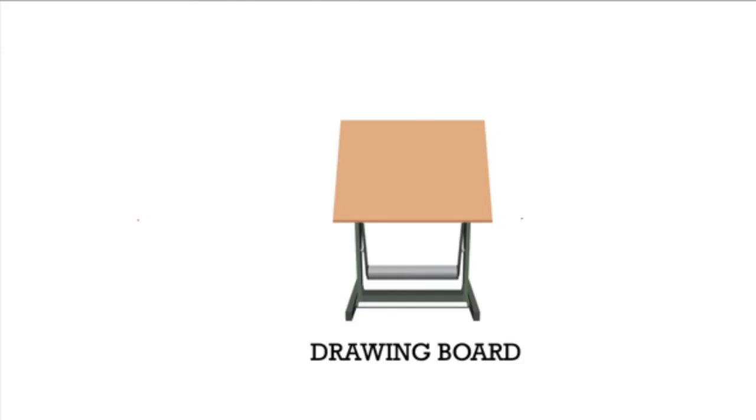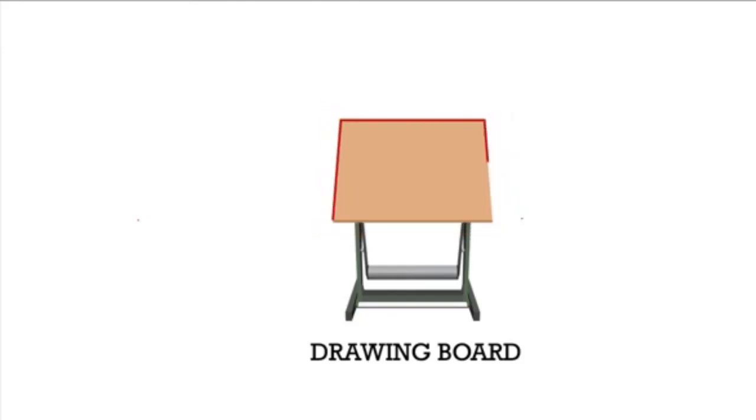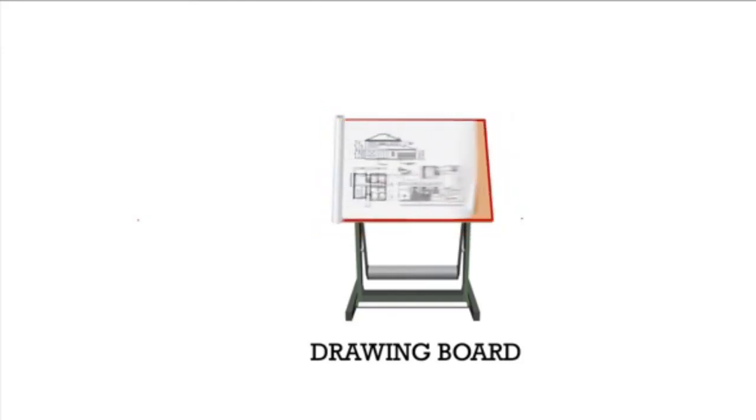So the drawing board is designed in such a way that the drawing sheet will be placed properly over it. It is rectangular in shape. We place the drawing sheet over the drawing board to draw the engineering drawing.